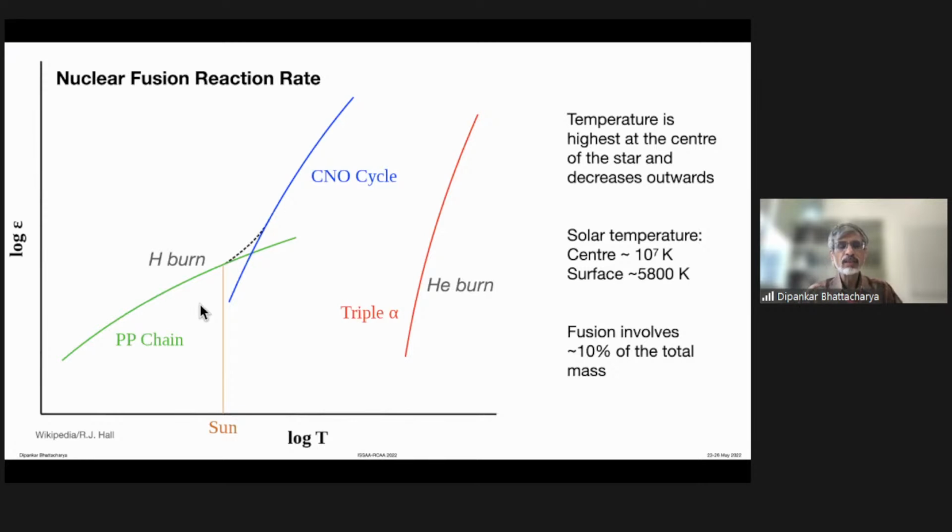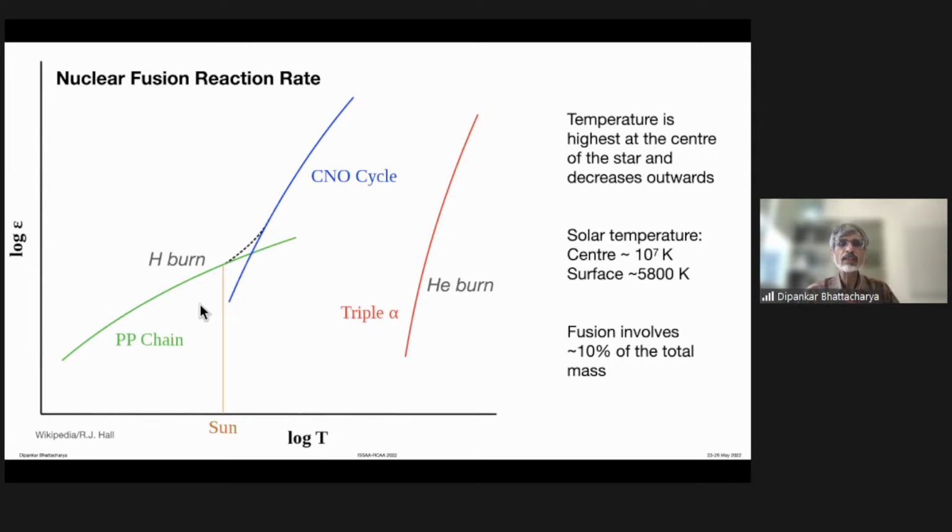So there is a small portion near the center of the star where the temperature is still high enough for fusion to occur. Most of the outer region of the star would not have high enough temperature for fusion to occur. So therefore, the fusion reaction itself is confined to a small fraction of the star.